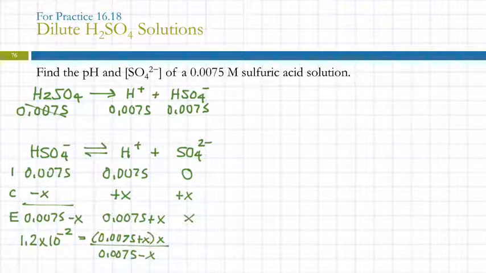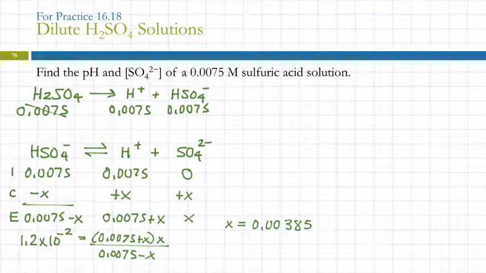And so I got a value for x of 0.00385. Is that a valid root for this equation? Yeah, because if I take this and I subtract it from 0.0075, I don't end up with a negative concentration.